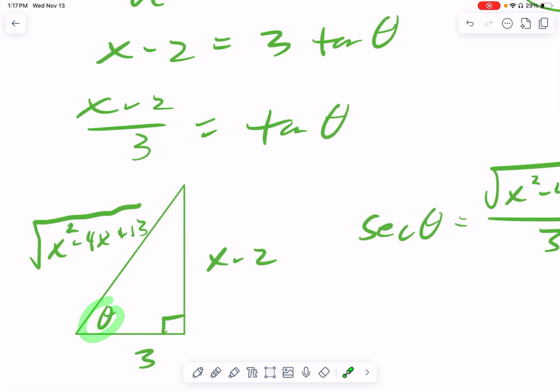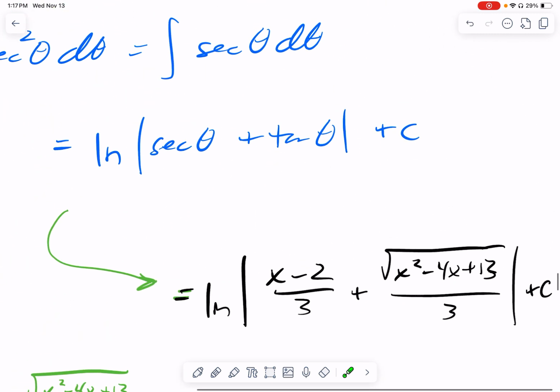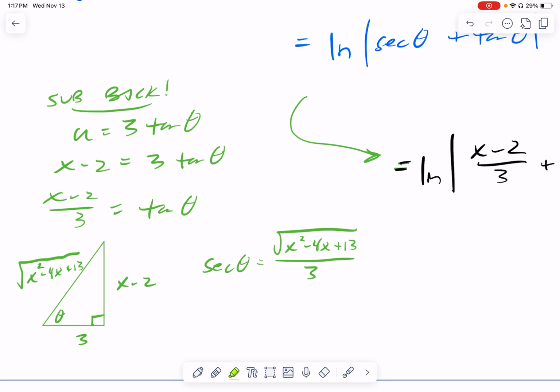Here is theta, so opposite over adjacent is x minus 2 over 3. And by Pythagorean theorem, the hypotenuse is this expression that was lurking in the original problem, so not a shock to us. In order to plug in, we're going to need to know both secant and tangent. So tangent, we've got here.